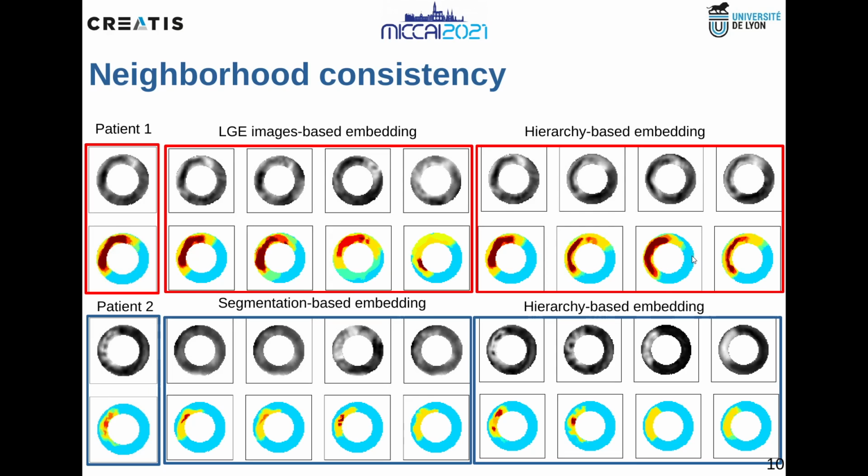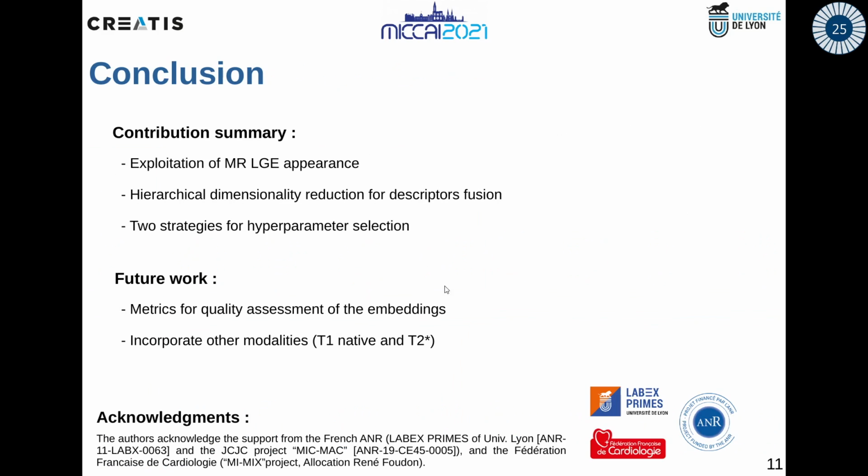And it's the same for the segmentation. We have really good segmentations compared to the original patient. For the patient 2, the segmentation-based embedding has no coherence in terms of images, whereas in the hierarchy-based embedding the images are really close to the original pattern, and the segmentations are good too.